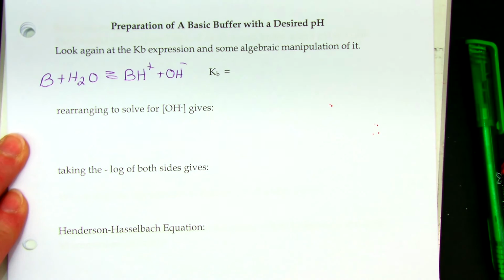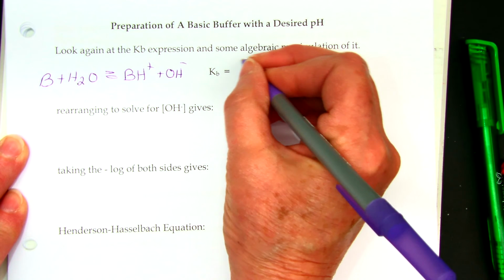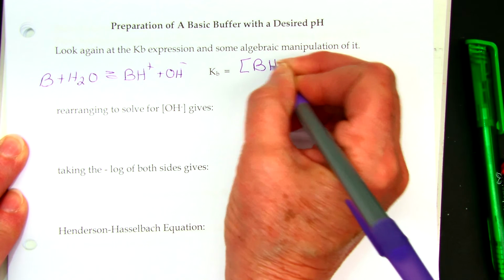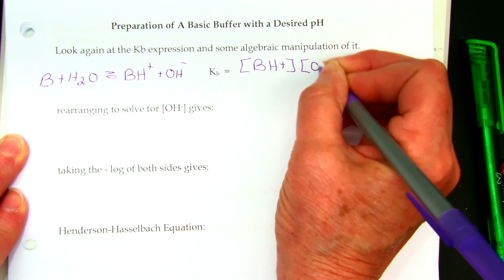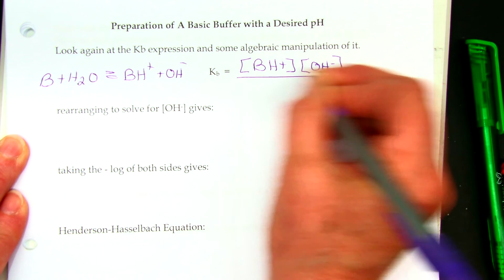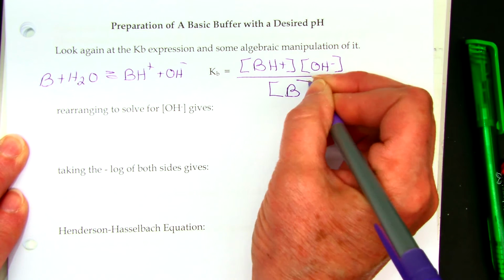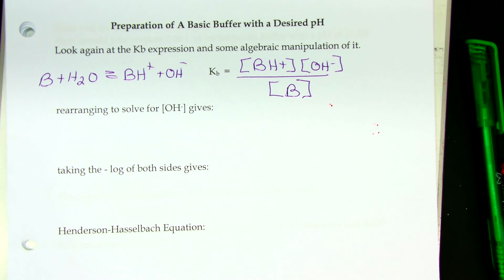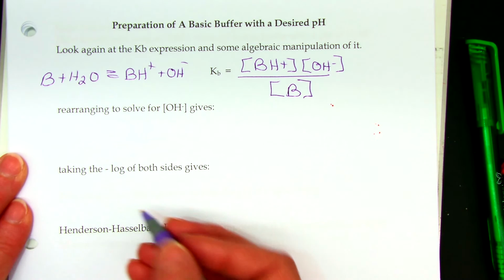And we know then Kb is equal to the BH+ concentration times the OH- concentration divided by the concentration of our base B.